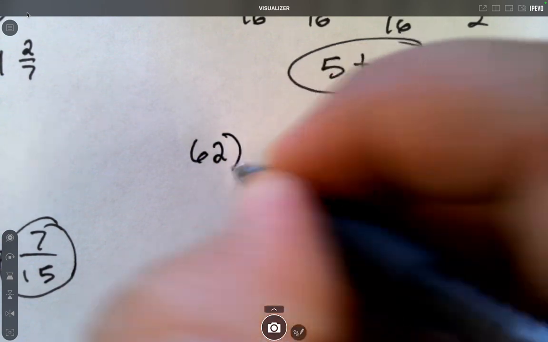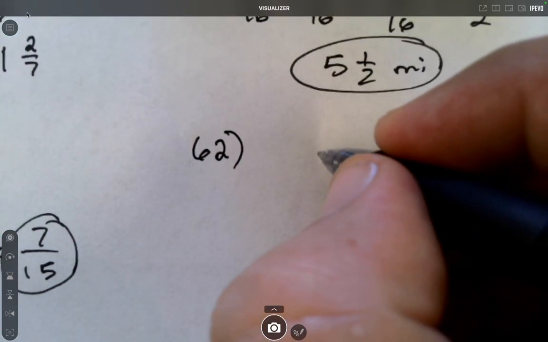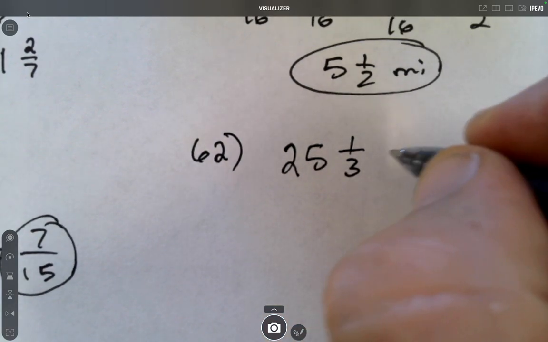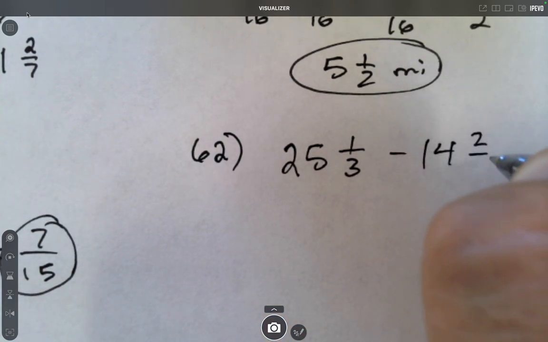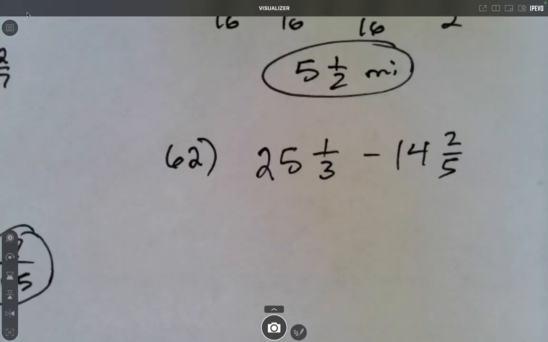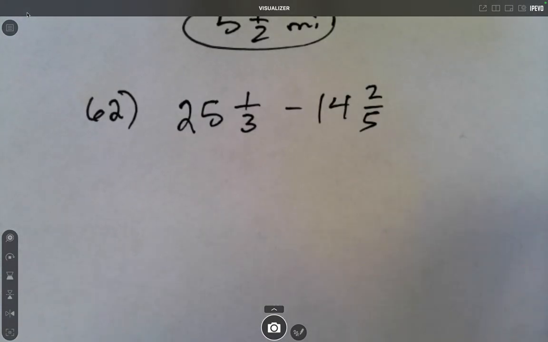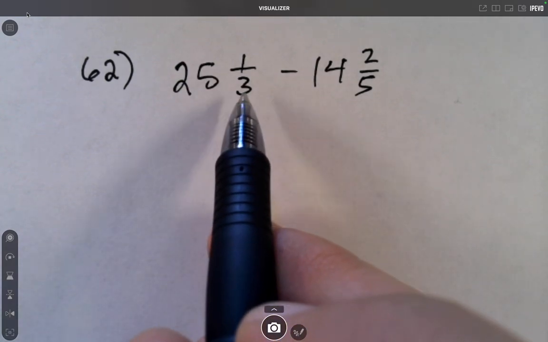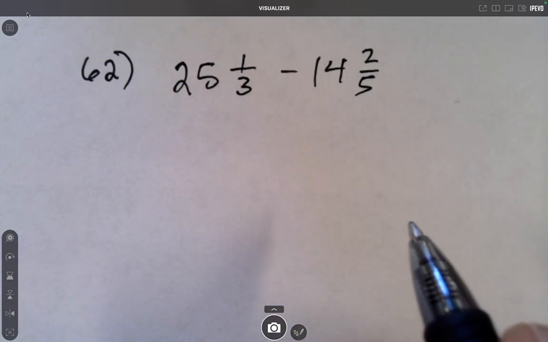Next up is 62. It's a subtraction problem, 25 1/3 minus 14 2/5. Again, we've got to get common denominators to make this work out. The least common denominator between 3 and 5 would be 15.